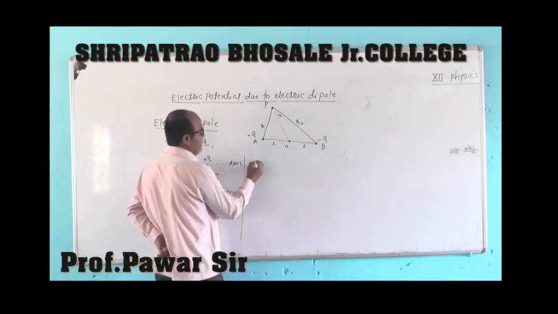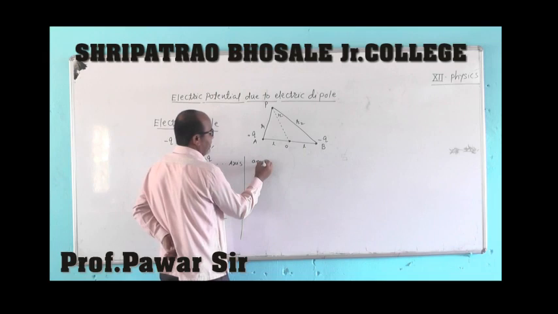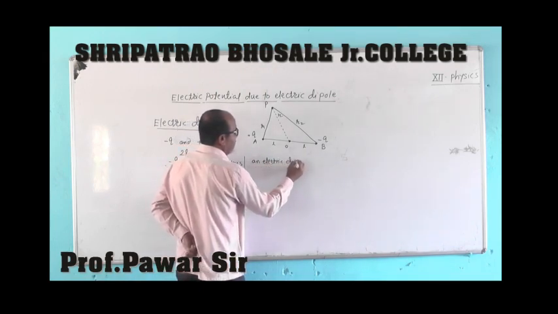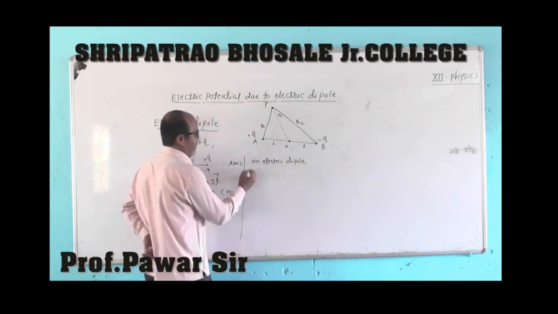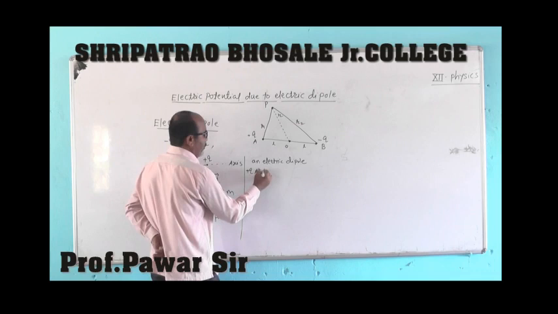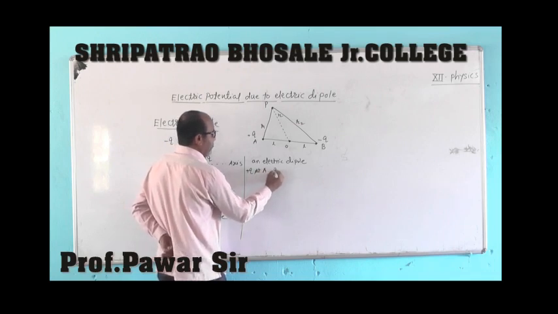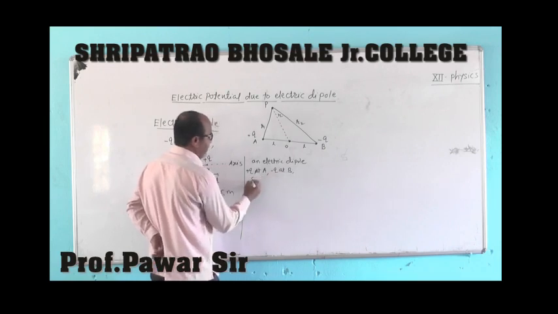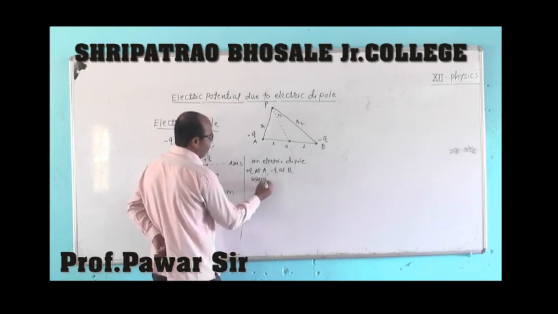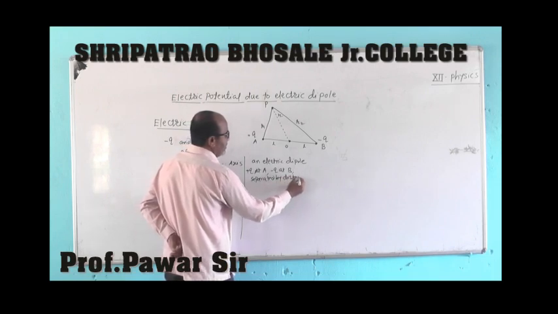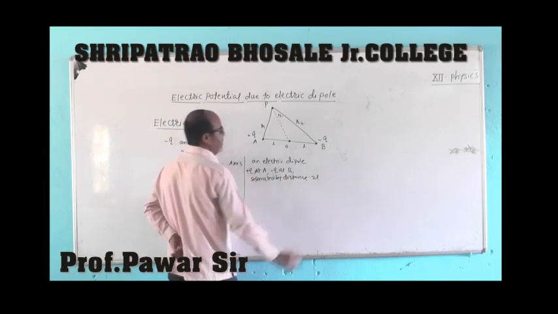So we have considered an electric dipole having charge plus q at point A and charge minus q at point B, which are separated by distance 2l.